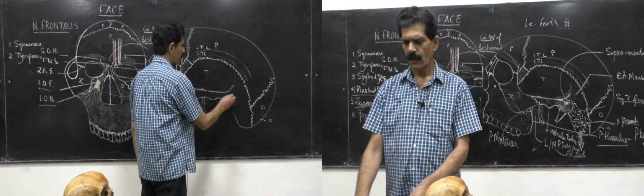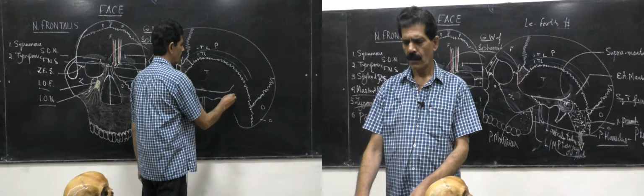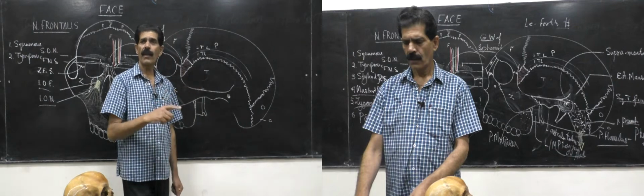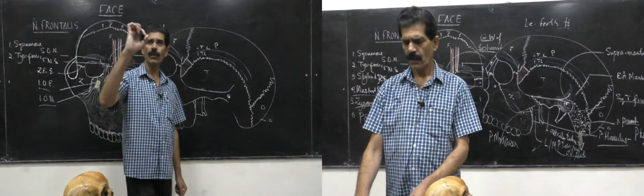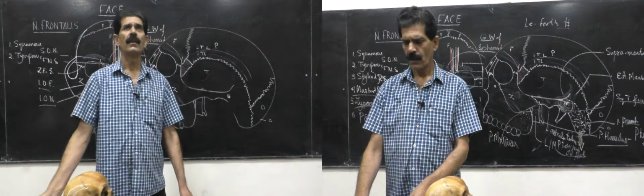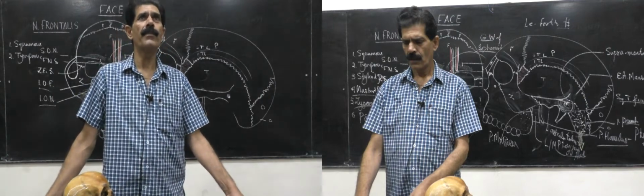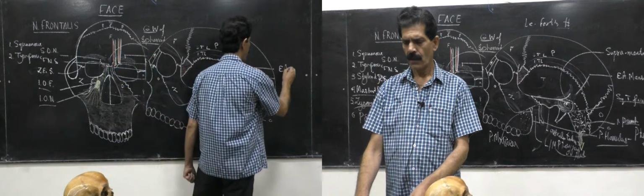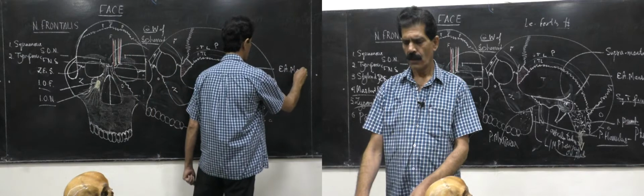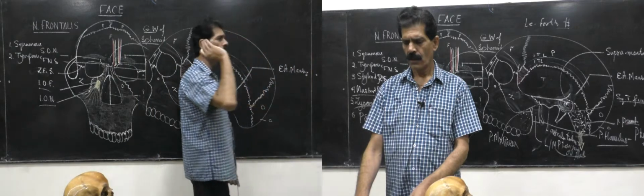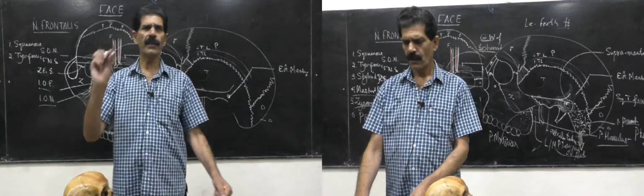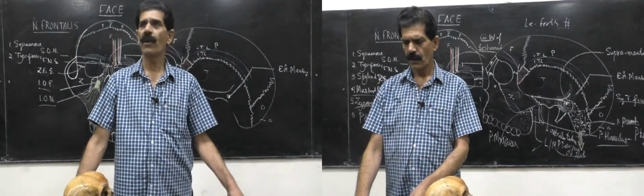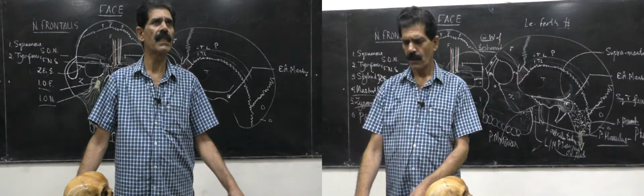So just here, there lies a hole to which the tympanic membrane is attached along the circumference of this hole, and this hole is called the external acoustic meatus. Acoustic means related to audio. Meatus means small hole. In anatomy we use the word meatus for a hole a little bit larger than a foramen.